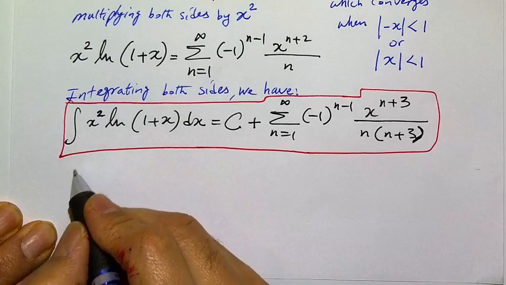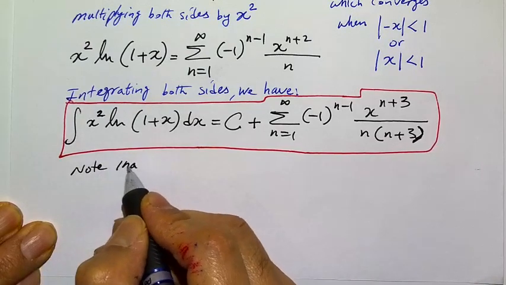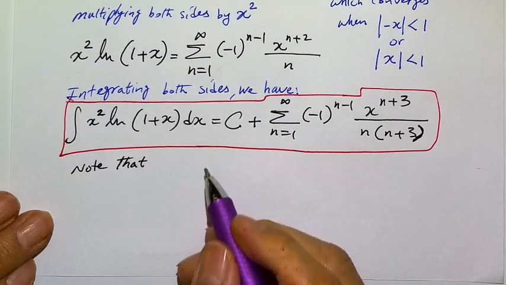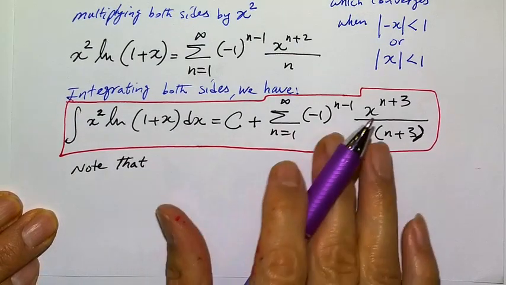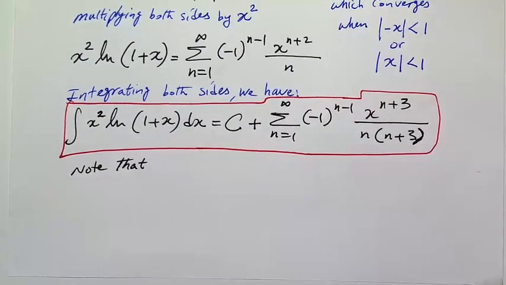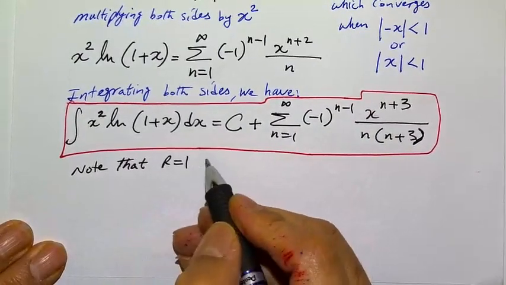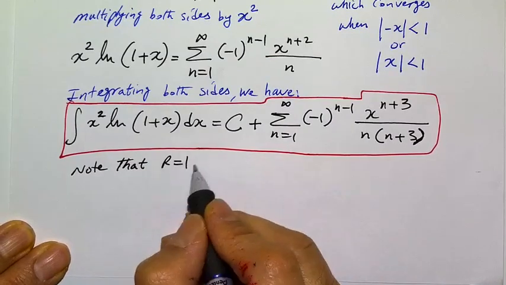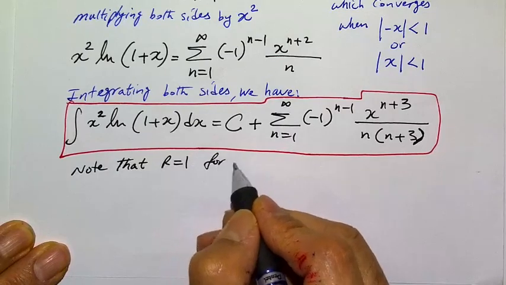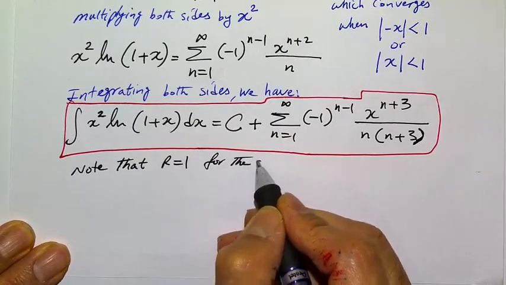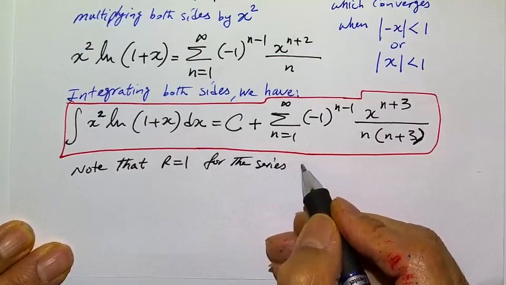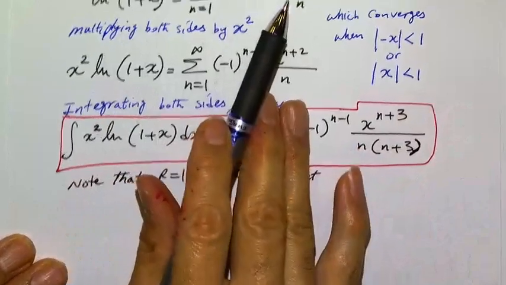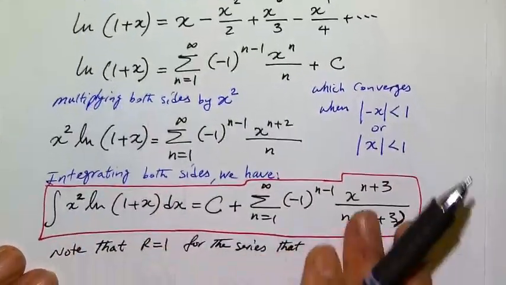So notice that R equals 1 is the radius of convergence for the series that represents that natural log of 1 plus x.